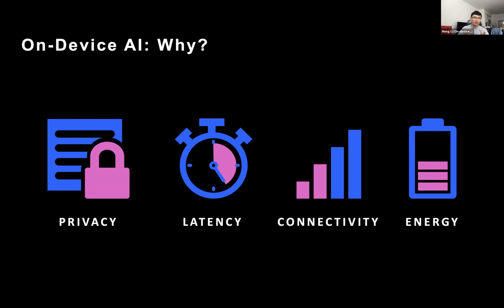For some fundamental technologies to enable the AR glass, you may want to run them on device so that the AR glass is more accessible in different situations, even when the network is limited, right? And there is also a latency and energy trade-off. On one hand, for on-device processing, you need to process everything on the device.